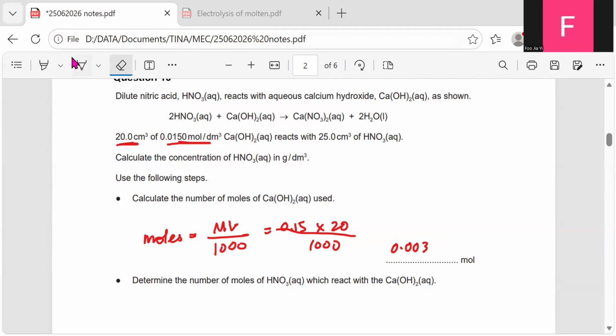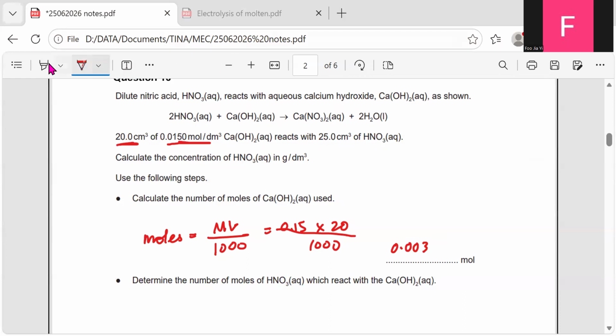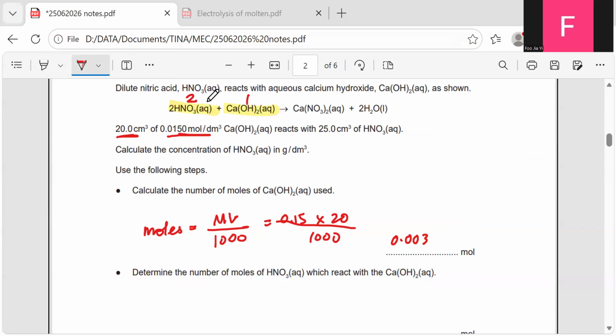Now look at the equation. The ratio of this to this is 1 to 2, correct? So what do you do for nitric acid? Same, double or half? Double. So it's 0.006.